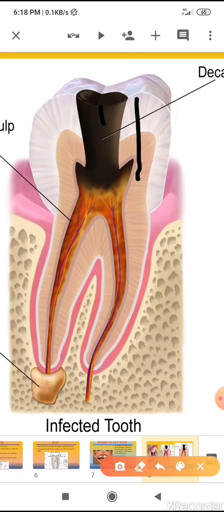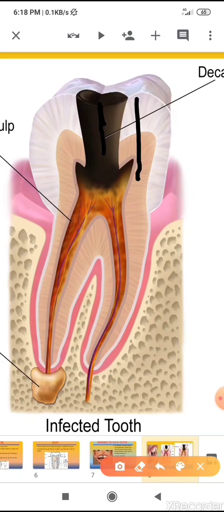Now you know that the function of a nerve is to carry the feeling from the teeth to the brain. So when these germs reach the pulp area and come near or in contact with the nerve, then you will feel the pain. Then your teeth start hurting you.